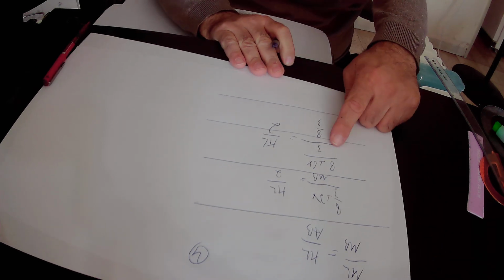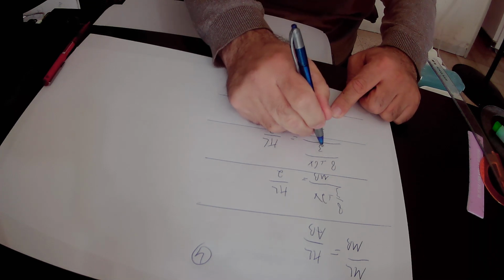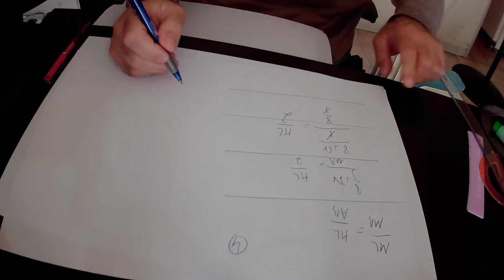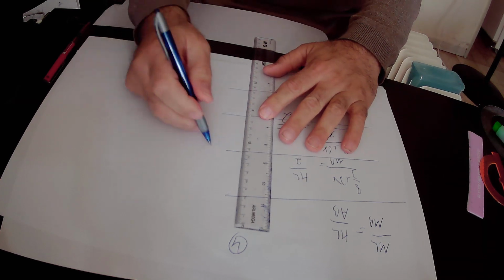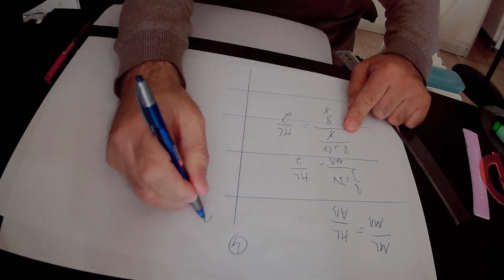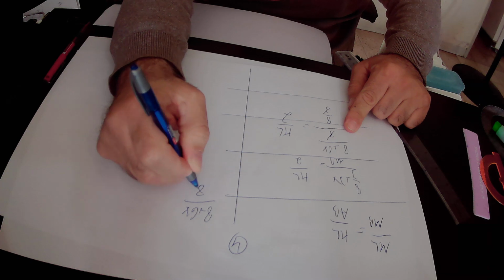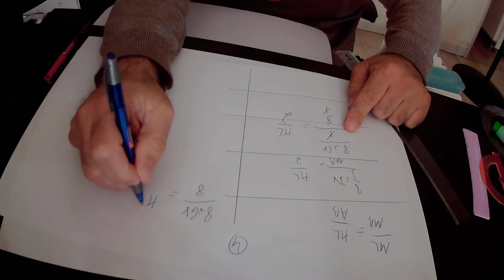Here we have 3 in the numerator and 3 in the denominator, so the 3 will get cancelled, and finally we get 8 plus 6x over 8 is equal to KL over 2.